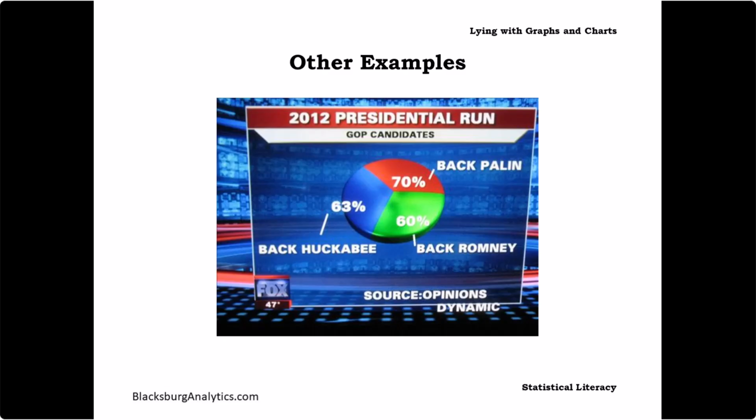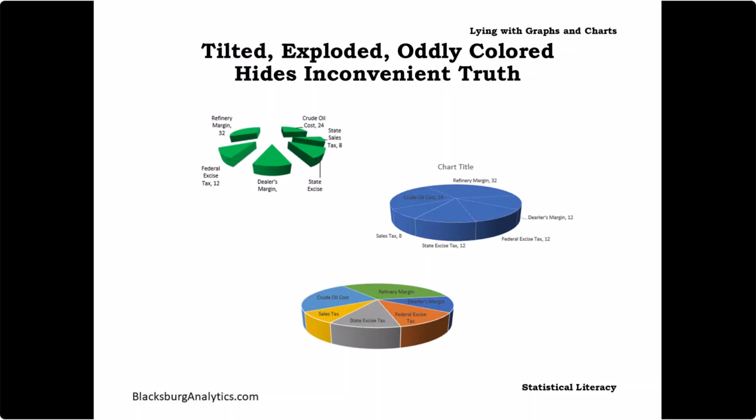The percentages add to 213% and have no relation to the slice sizes. Anytime you see a pie chart tilted, exploded, or oddly colored, someone is trying to hide an inconvenient truth.